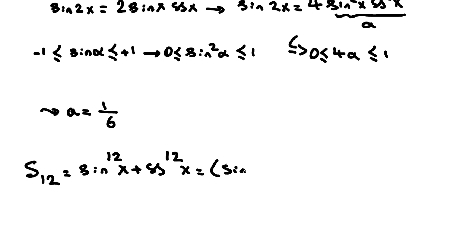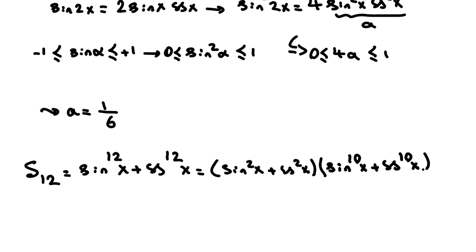It was sine squared x plus cos squared x times sine 10x plus cos 10x minus sine squared x cos squared x. Here cos 10x, you should write cos 8x, and here sine 8x.